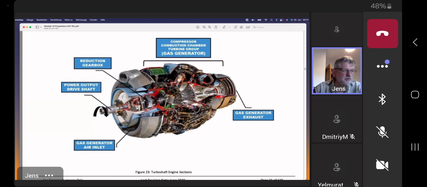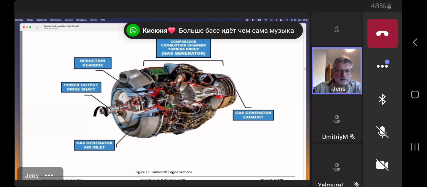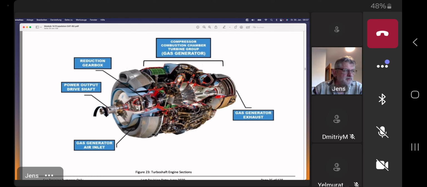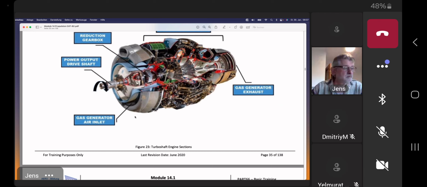And here you can see also the combination, for example, the compressors. We talk a little bit about compressors later. But the most important thing is the force that goes here into our output shaft, because there our propellers are installed, and then we produce our torque.